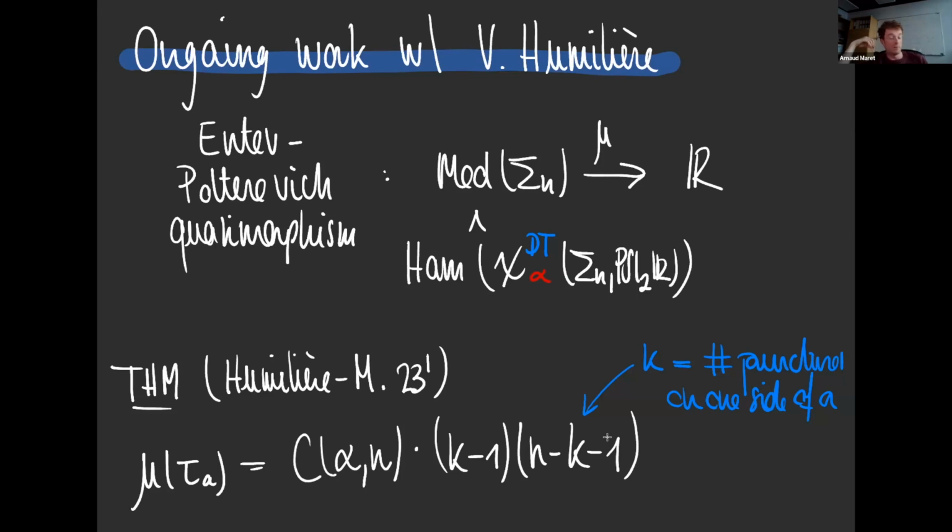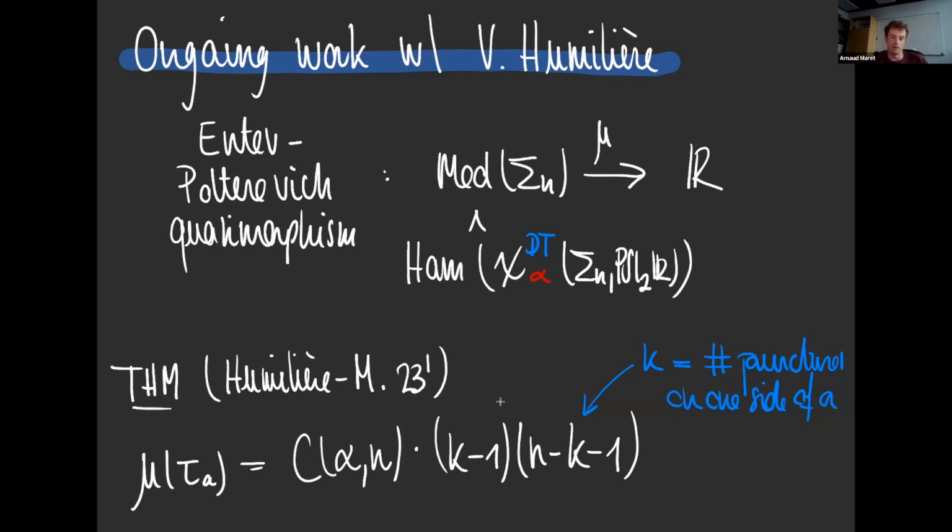And maybe the last remark I want to say. I don't have much more to say about this because again it's fresh work. There might be some connection because the mapping class group of the punctured sphere is more or less a braid group, and there are other known examples of quasimorphisms for braid groups, which, according to some preliminary computations we've made, might give you a similar formula for the value on Dehn twists.